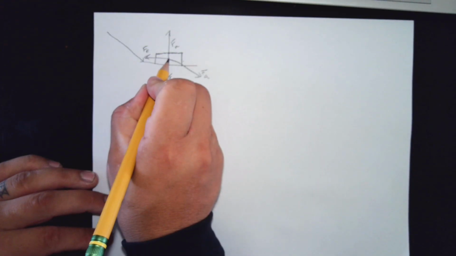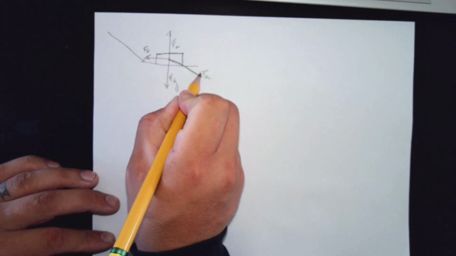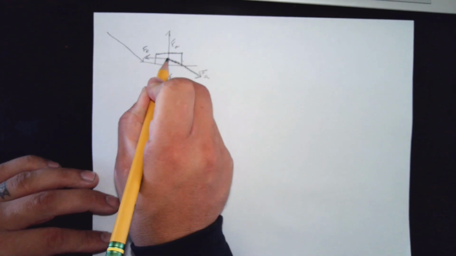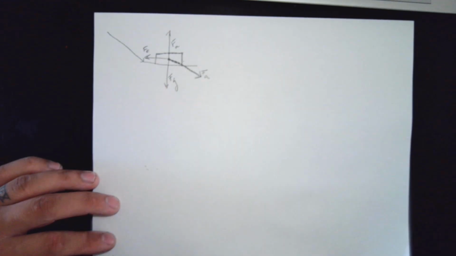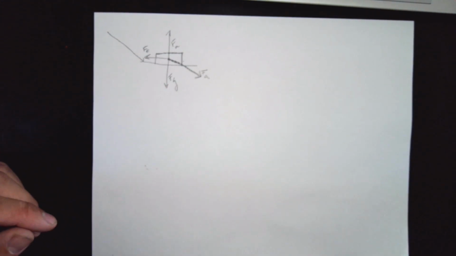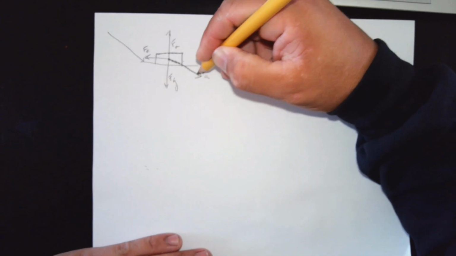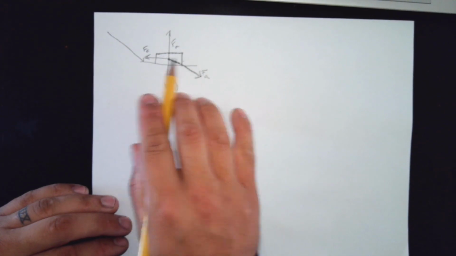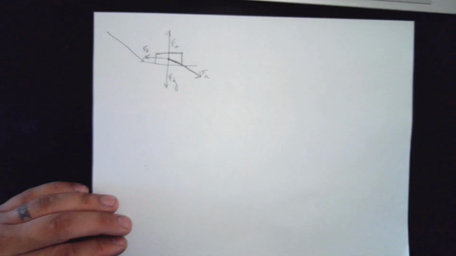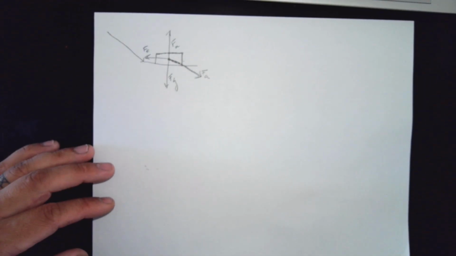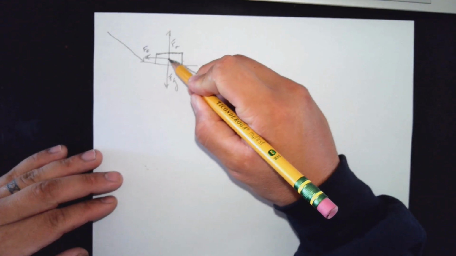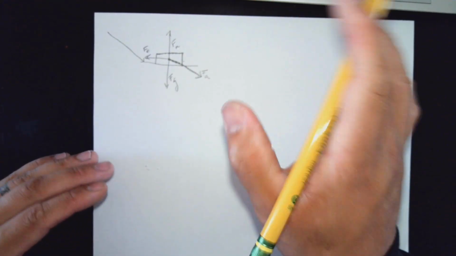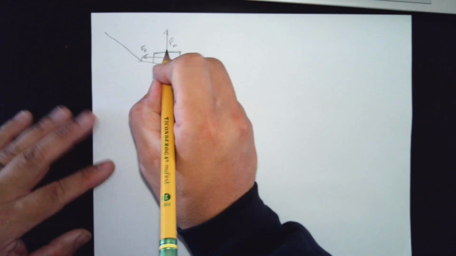Whenever you have this applied force going down in this direction, it's going to exist on the y. If it's going directly to the right, then we would break it down into its x component, but it's not. It's going down in this diagonal direction, so just remember that that's an applied force in the y.